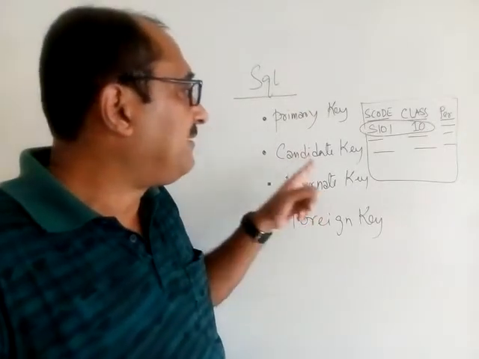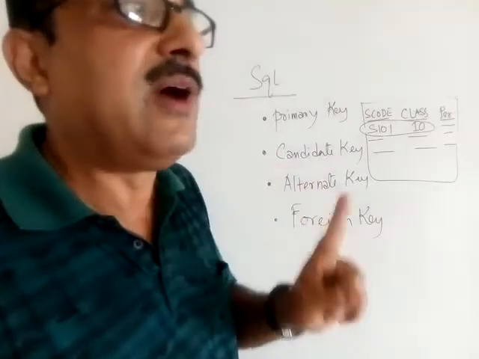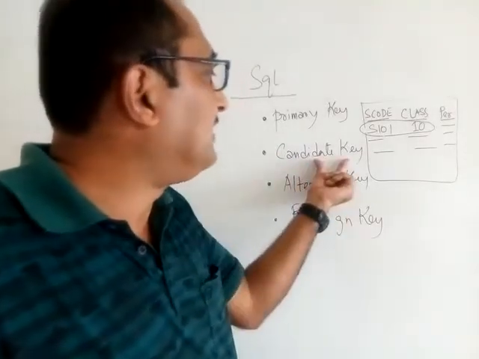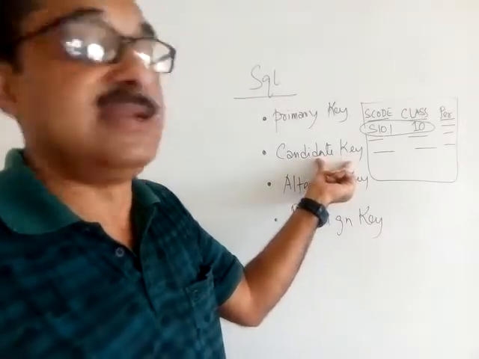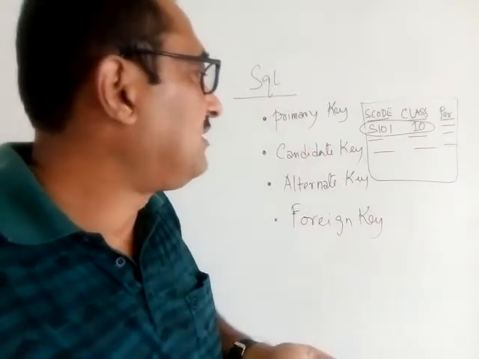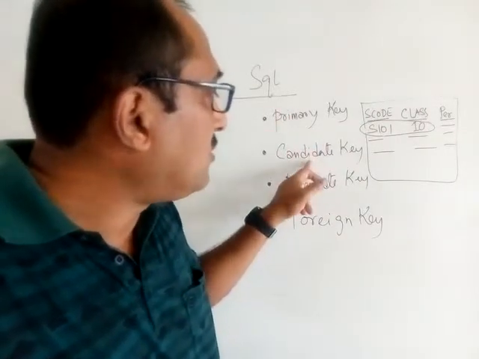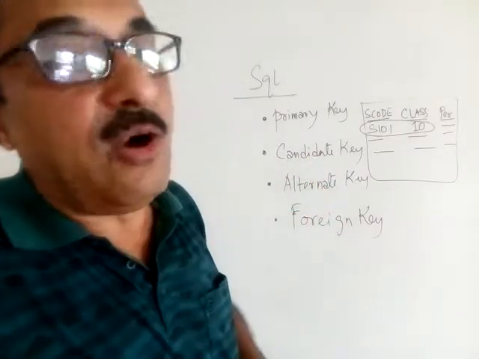Now what will happen from the candidate keys? Everybody will not become a primary key. Primary key is only one. So all the fields which could have qualified to be the primary key are called candidate keys, but one key will be chosen as the primary key. Those candidate keys which are not chosen as the primary key will be alternate keys.